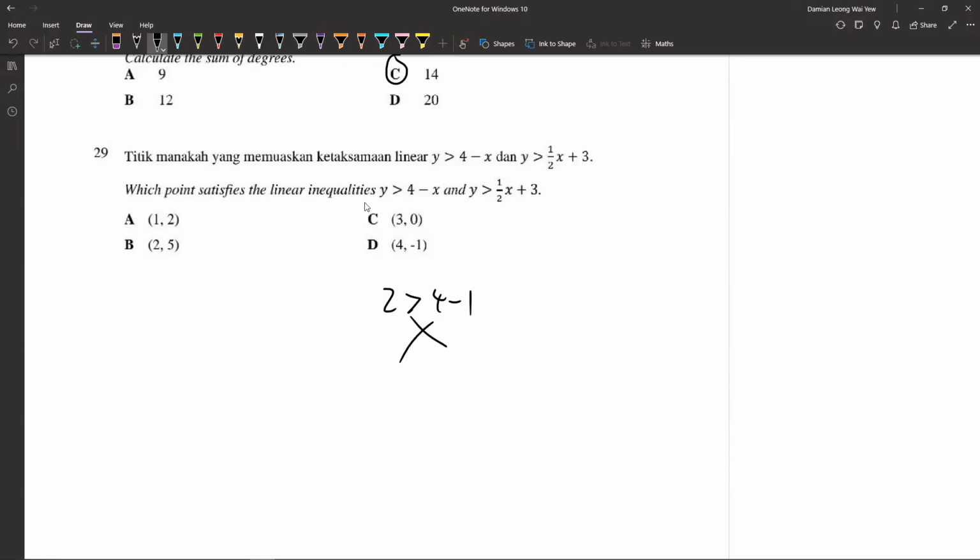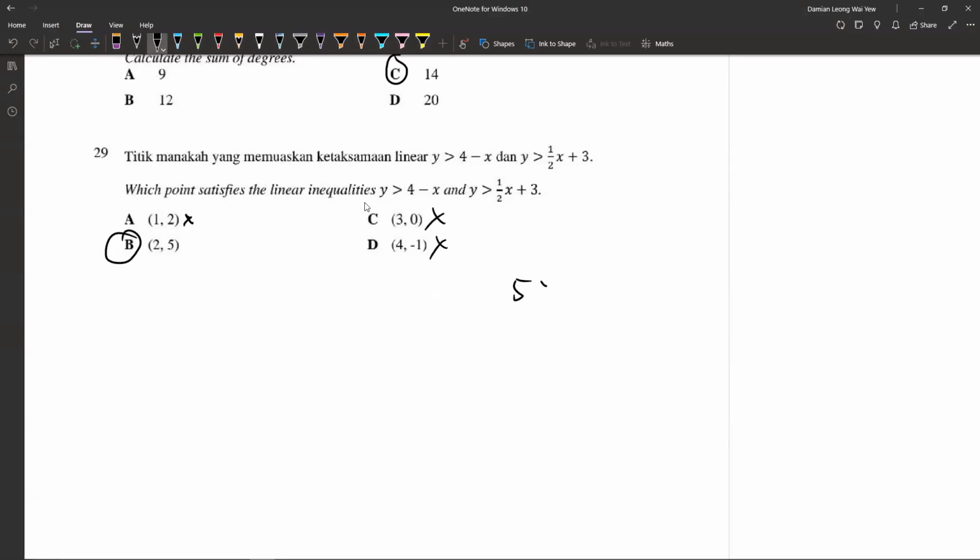There's no way 2 is more than 3. Then B, 5 more than 4 minus 2, that makes sense. If I put C, 0 more than 4 minus 3, also doesn't make sense. If I put this one, -1 more than 4 minus 4, also wrong. So I already know it's B. I don't even need to use the other inequality.